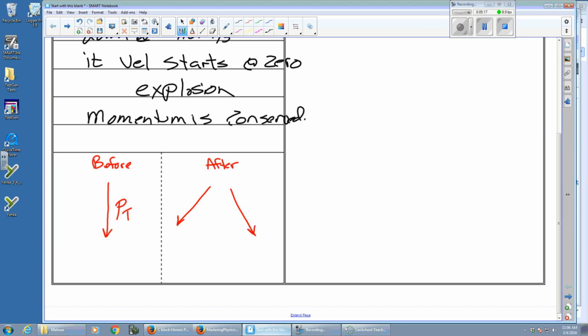Which one do you think takes away more momentum? Why do you think they're the same? Well, that means if I add up all the momentum afterwards, it's going to equal the momentum before. It doesn't mean everything has the same momentum. So you agree that they're going to take the same because they're of equal mass?